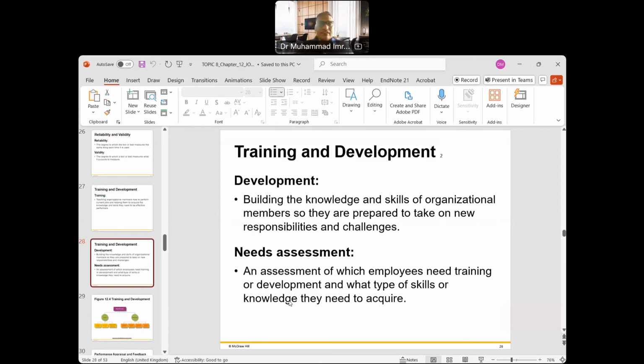Hope you understand. Needs assessment is an assessment of each employee's need for training or development, what types of skills or knowledge they need to acquire. So who does this assessment? The HR department of any company does it, maybe every 6 months or annually, about their employees.